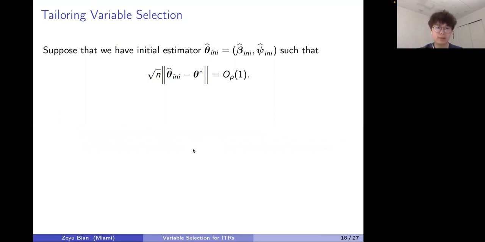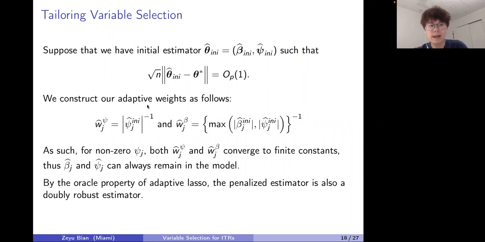Suppose that we have some initial estimators such that they are square root n consistent. And then we can construct our adaptive weights as follows. For the adaptive weights corresponding to psi, we just construct them using adaptive lasso.